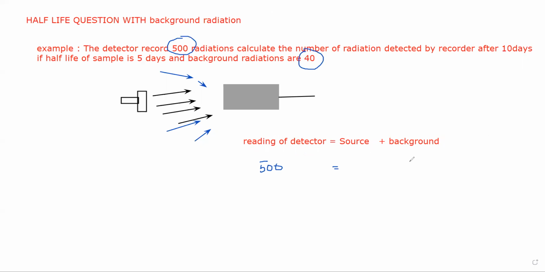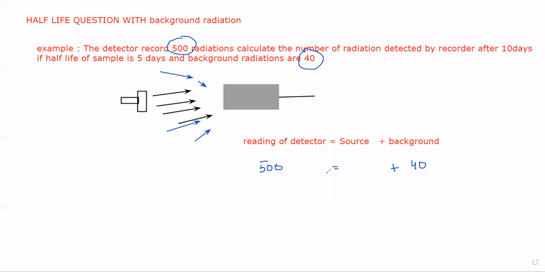If 40 of them are background, how many radiations are from the source? 500 total radiations are being recorded by the detector.